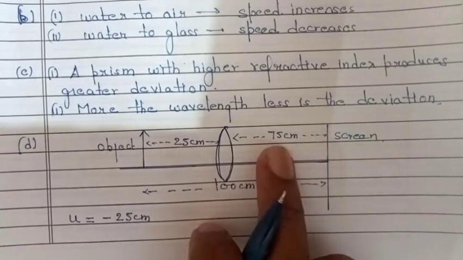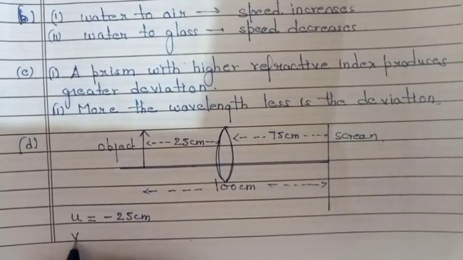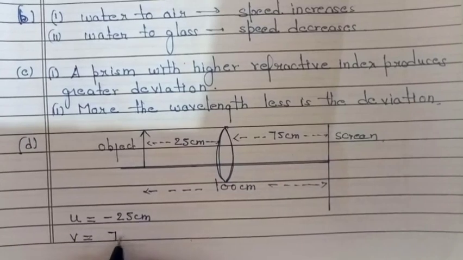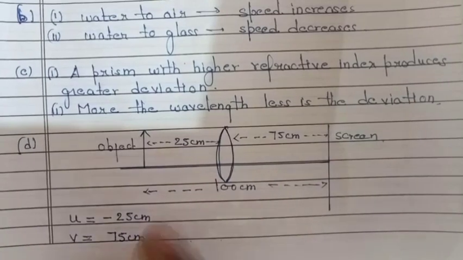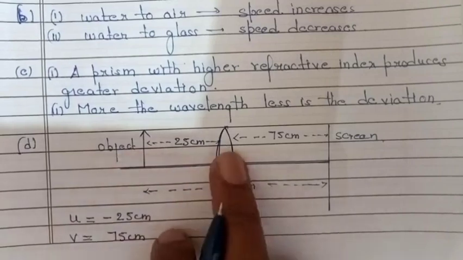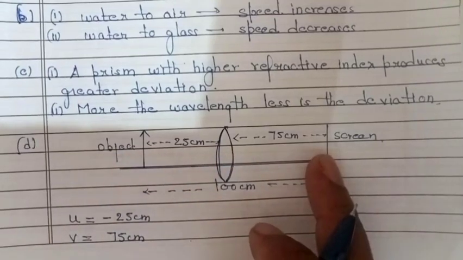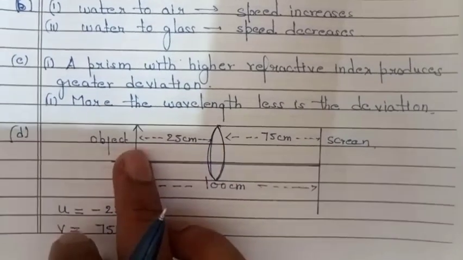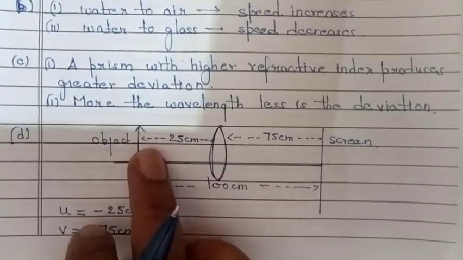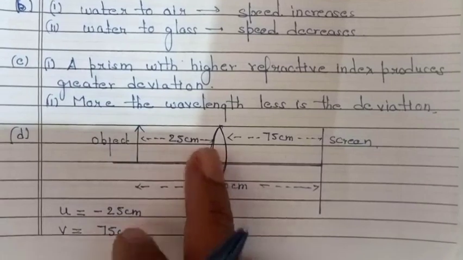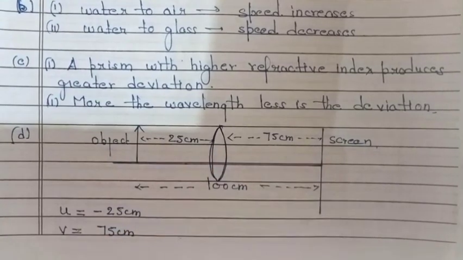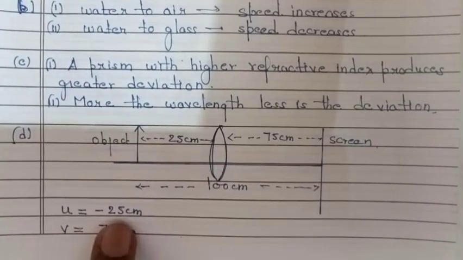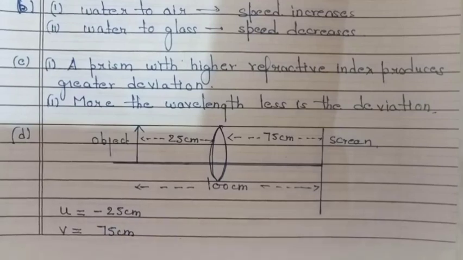That distance is 75. So in the diagram we can see that V is equal to positive 75. U is negative 25 and V is positive 75, because whatever the distance is in front of the lens, it is always taken negative, and the distance behind the lens is taken positive. So we have taken U as negative and V as positive.